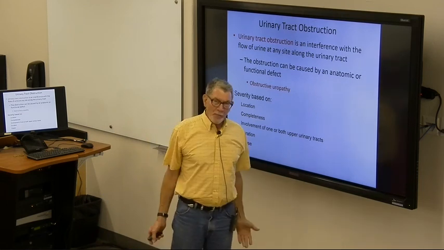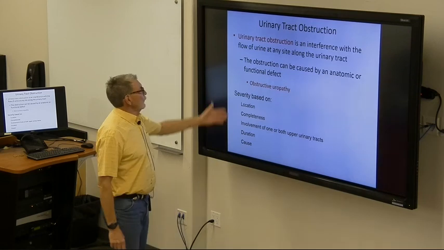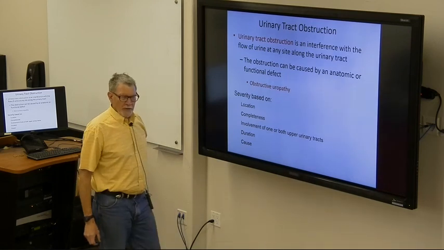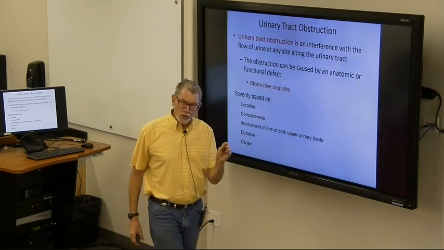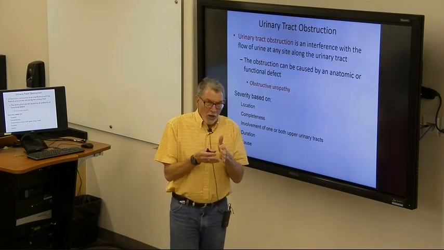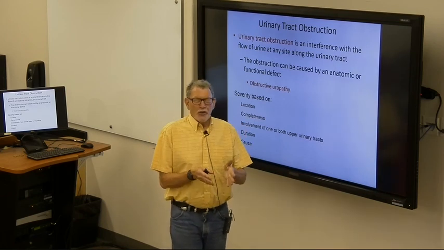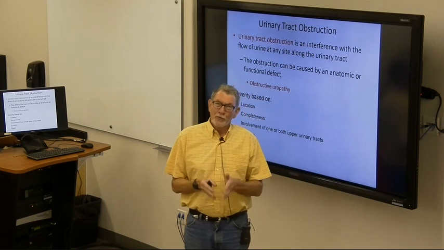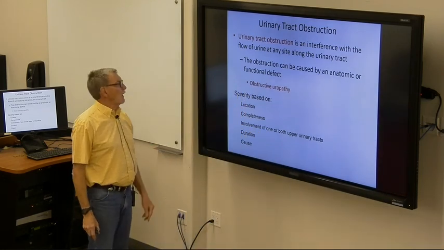So, the pathology of it is, what can go wrong here? Well, first of all, you can obstruct in a variety of ways. You can have a stricture or a stenosis of a tube that could be congenital. It could be caused by inflammation or infection. It could be blocked by a kidney stone that moves down and blocks a tube.